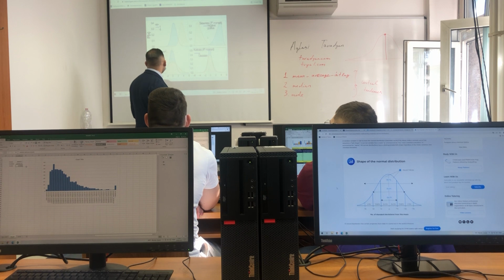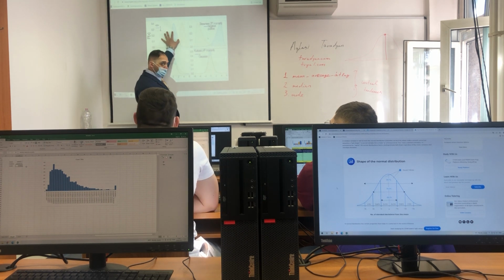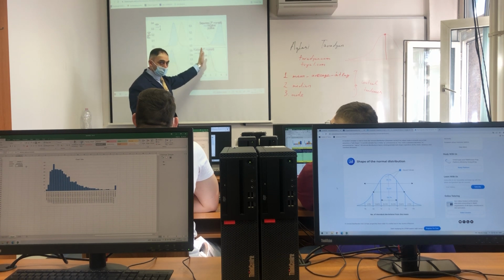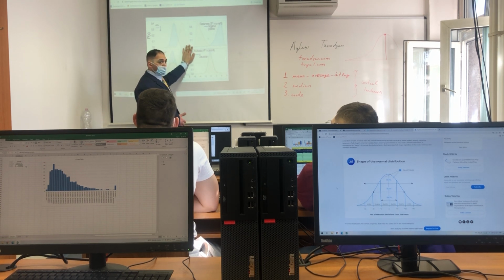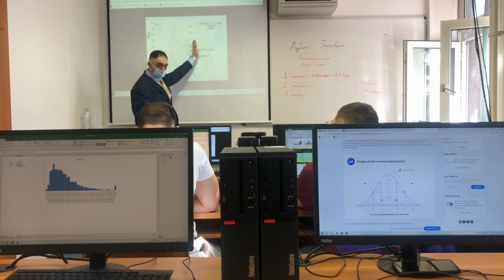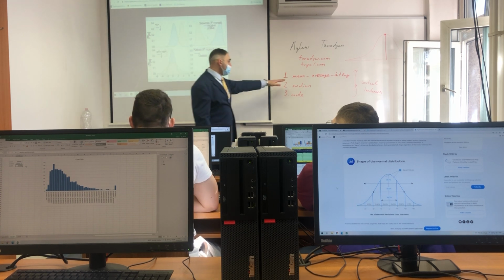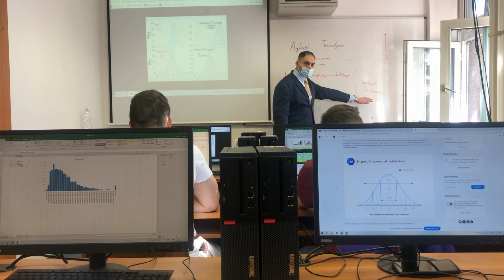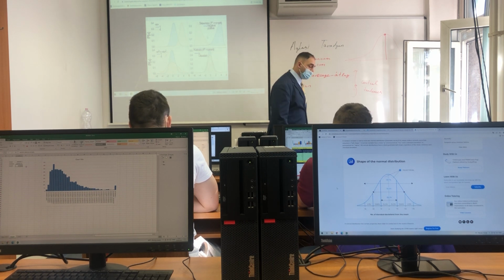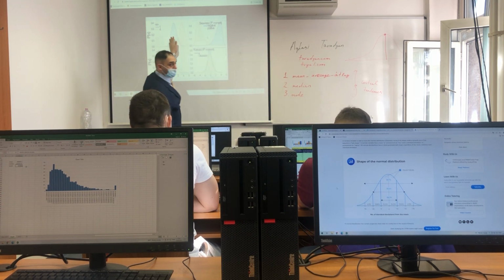We have learned about the first moment. The first moment was the middle of our population. So if the first moment changes, the graph of our population function stays the same, but it just changes its position. Okay? This is the average. So the mean is not only one of the central tendencies, it is the first moment of the population.